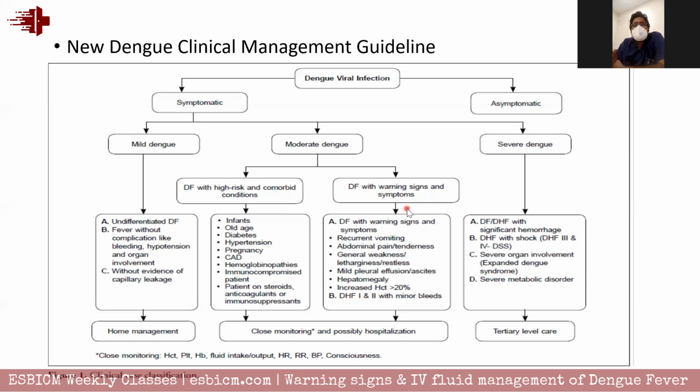And what are the other comorbid conditions? Comorbid conditions include extremes of age, either infants or old age people, diabetes, hypertension, pregnancy, hemoglobinopathies, immunocompromised patients, or patients already on steroids or antiplatelets.